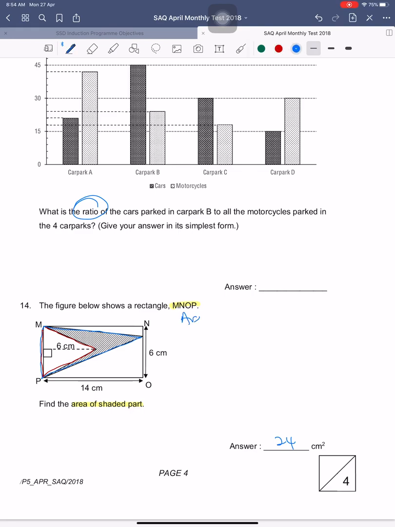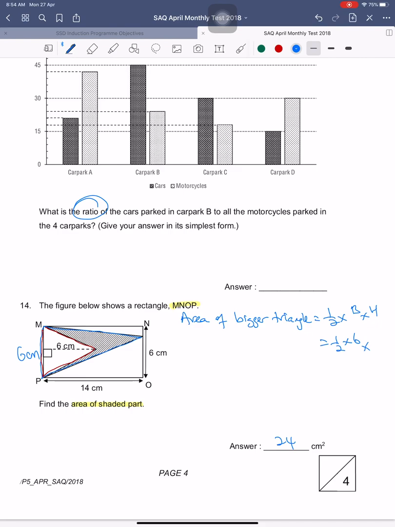Area of the bigger triangle equals half base times height. What's the base? The base will be, of course, 6, because this is a rectangle. The breadth should be the same, 6. Height will be 14.